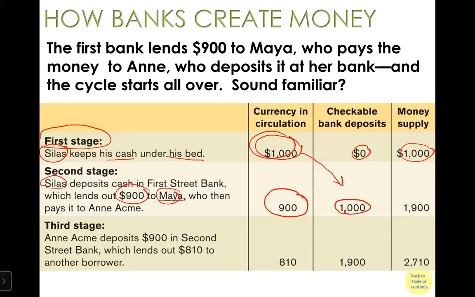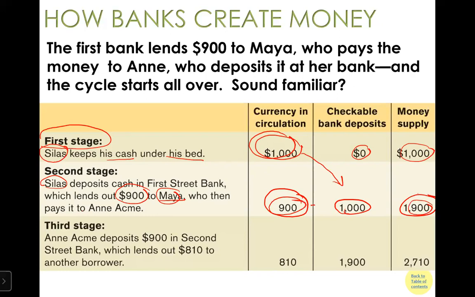Here, in the second stage, because the bank makes loans, and the funds for those loans come from Silas's savings, you can see now the bank generates some money supply. The money supply the bank generates in this stage is 900, actually it's here.